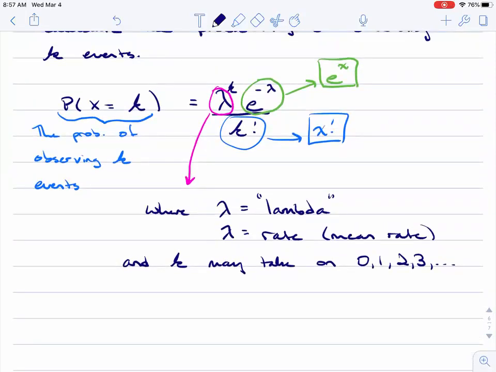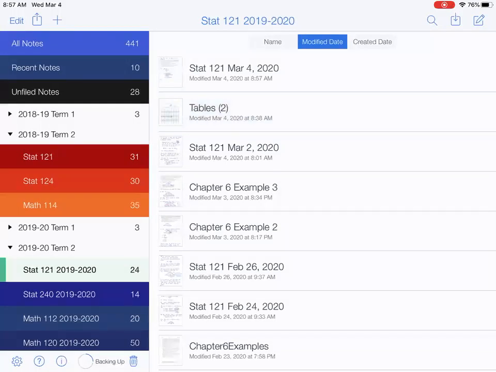So this is more going to be an exercise in using our calculator than anything else, because all we need is the rate at which something occurs, and how many events we want to see. Now we're talking Poisson, so it's going to be events. Okay, so let's have a look at this example here.